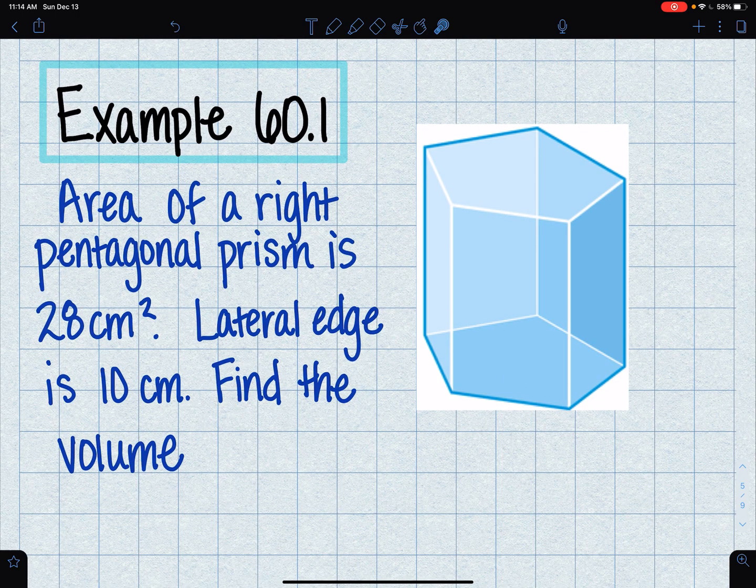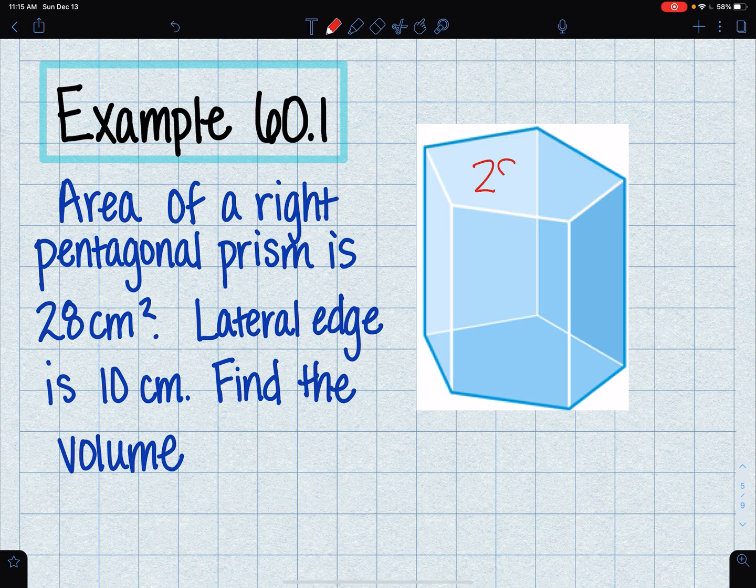Example 60.1, it says, the area of a base of a right pentagonal prism is 28 centimeters squared. So that's super nice because they just gave us the area. They didn't expect us to calculate it. So they're saying the area of the base of this pentagon thing is 28 centimeters squared.